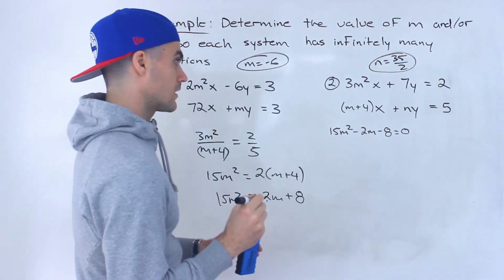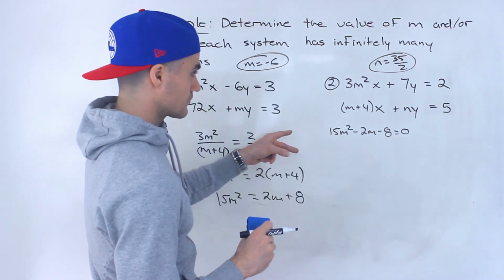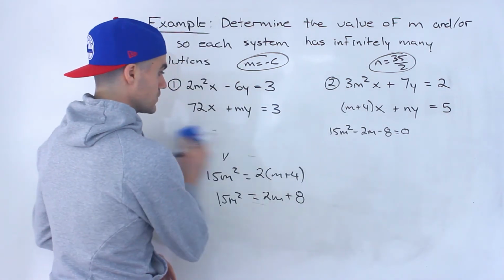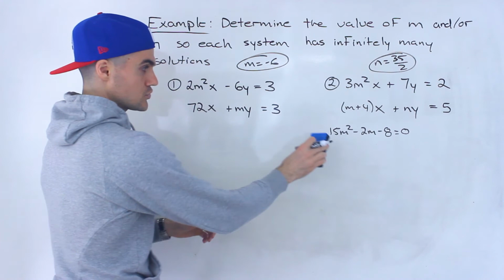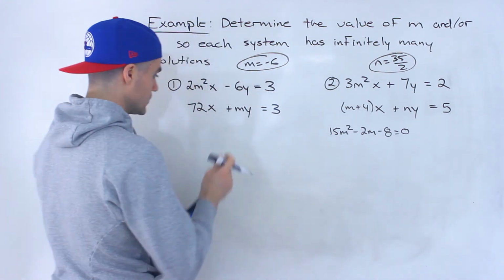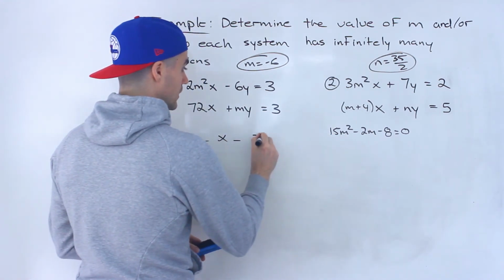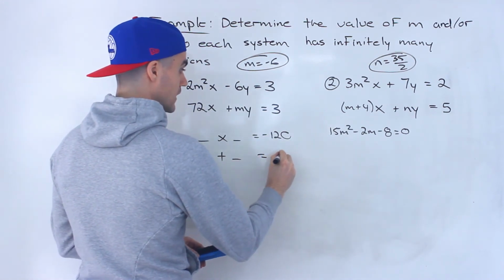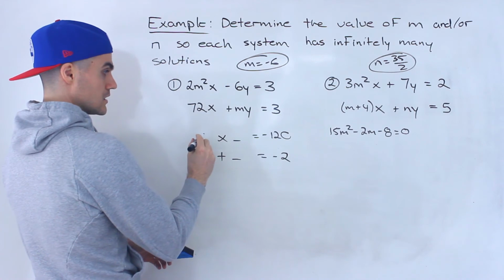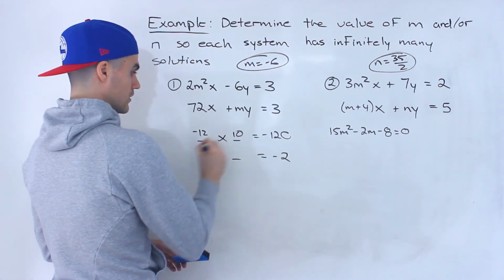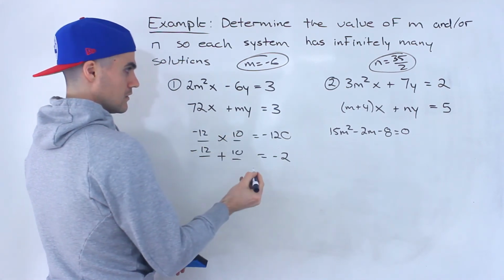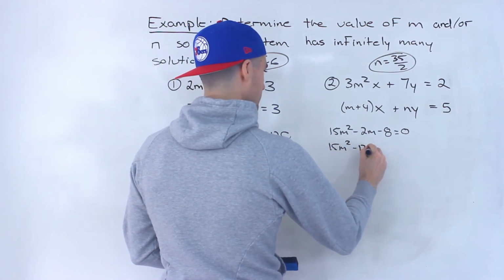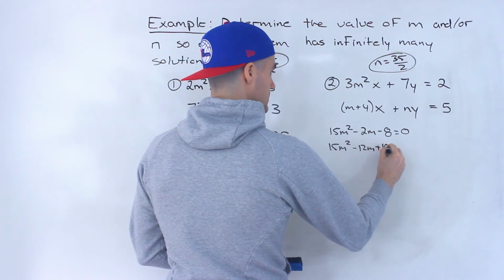And so from here, let's try to factor this. We multiply the a and the c values, which is 15 times negative 8, which is negative 120. So what two numbers multiply to negative 120 and add up to the b value of negative 2? Well, notice negative 12 and 10 work. So we could decompose that middle term into those two.